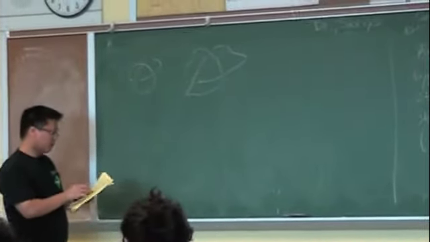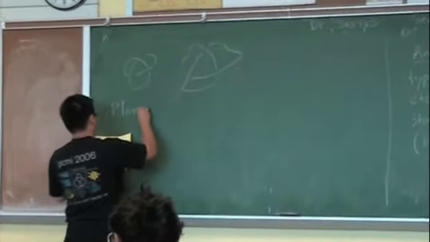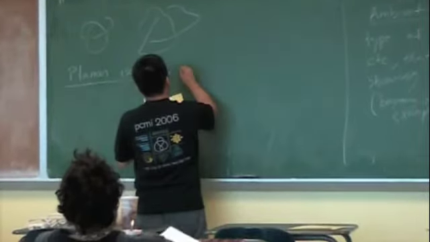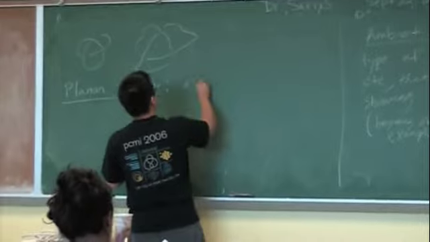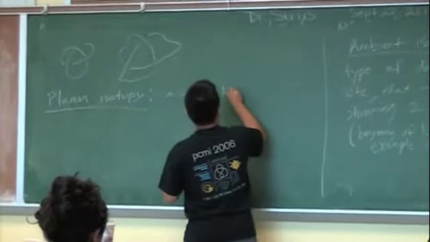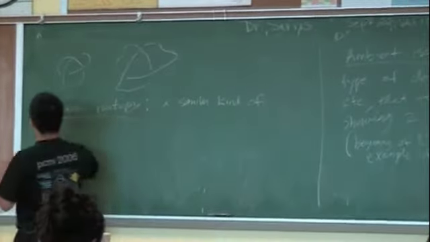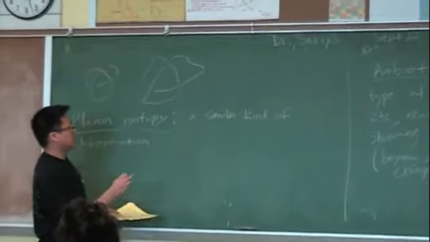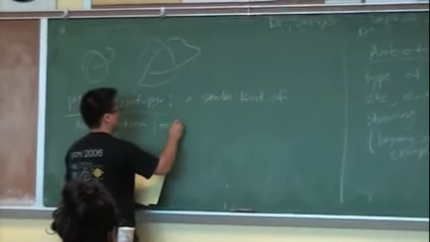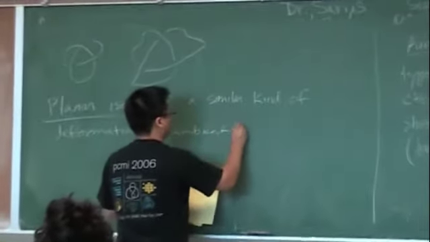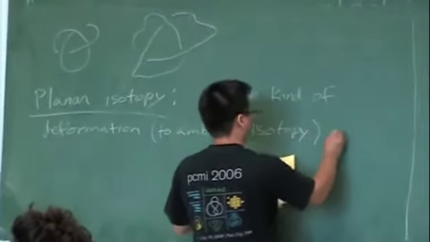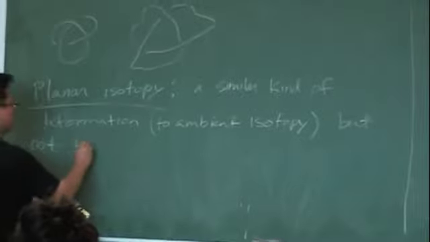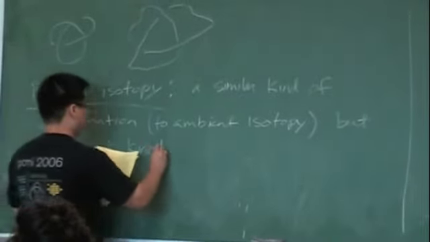So let me just mention that planar isotopy is a similar kind of deformation to ambient isotopy, but not to a knot in 3-space.